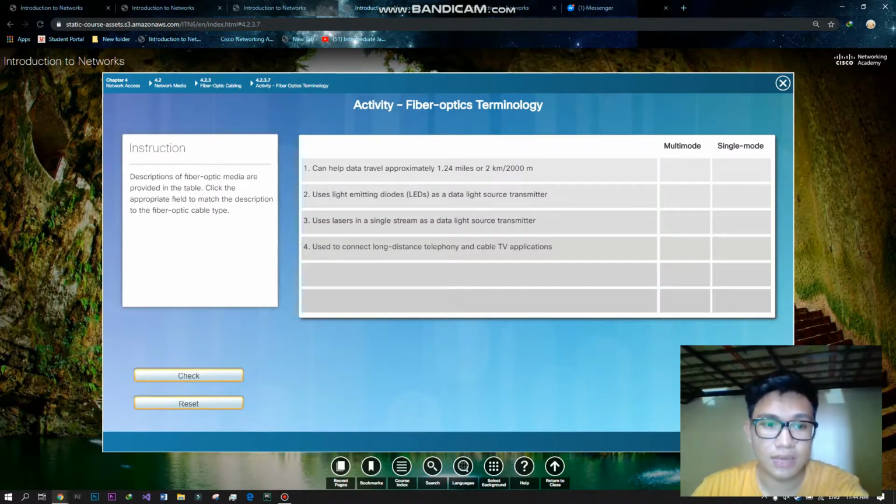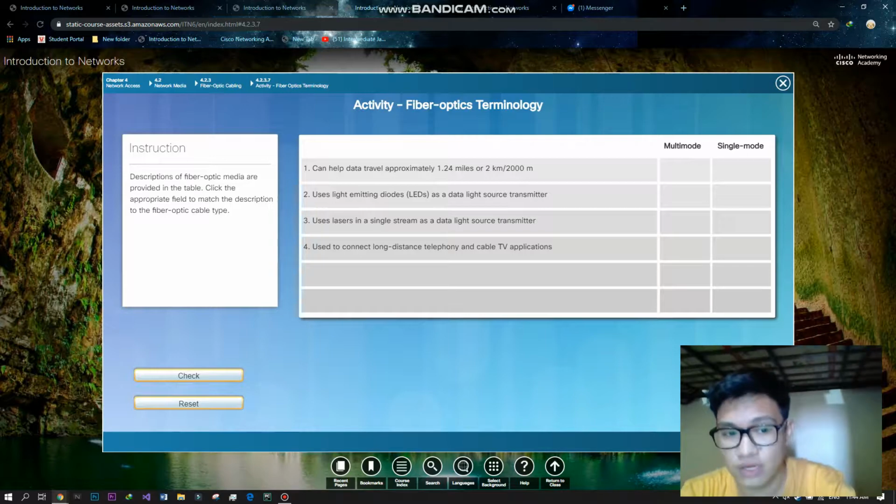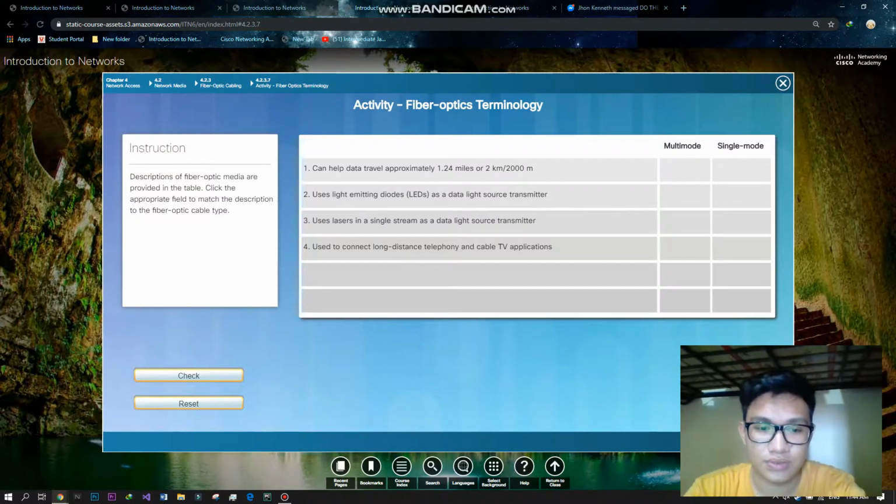Multi-mode fiber is a type of optical fiber designed to carry multiple light rays or modes simultaneously. Each has a marginally different reflection angle inside the fiber optic core. Multi-mode fiber is mainly used to transmit across comparatively shorter distances, as the modes are more likely to disperse over longer distances.